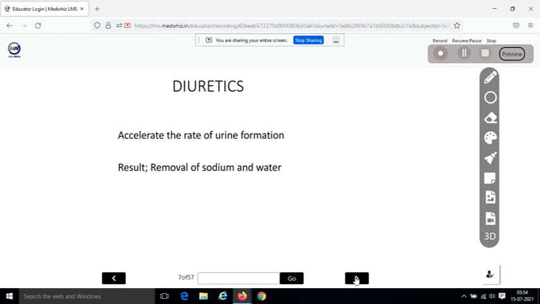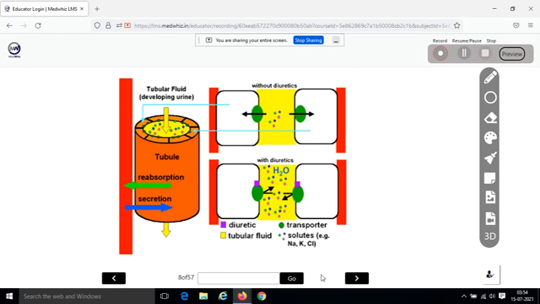Here you can see urine formation without diuretics and with diuretics, and how it occurs. Reabsorption, secretion and filtration are the mechanisms by which urine is formed.